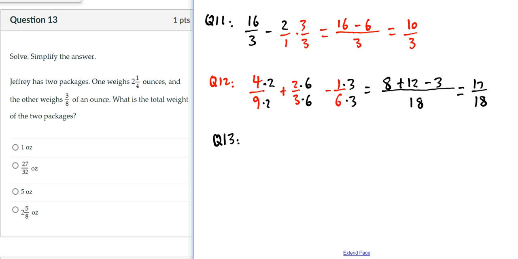And the other weighs 3/8 of an ounce. What is the total weight of the 2 packages? So you want to add those 2 together.